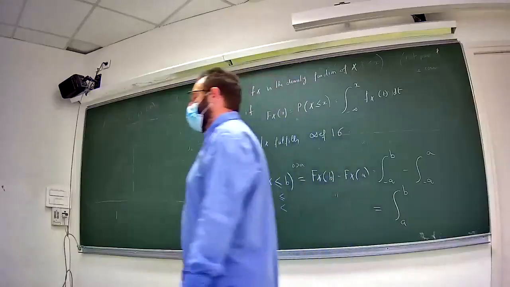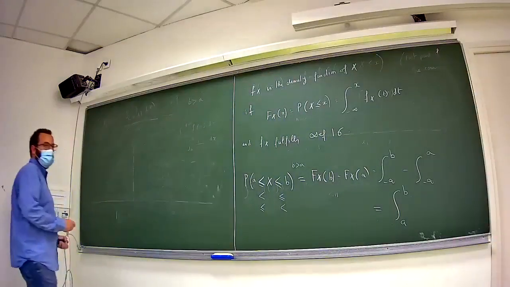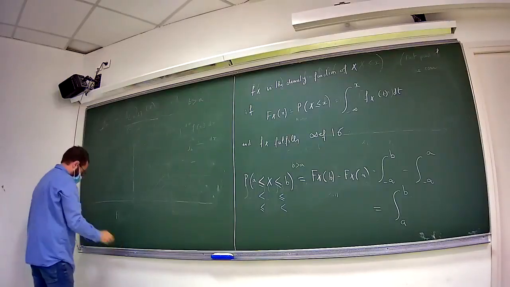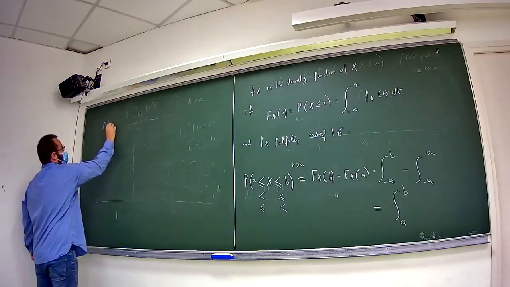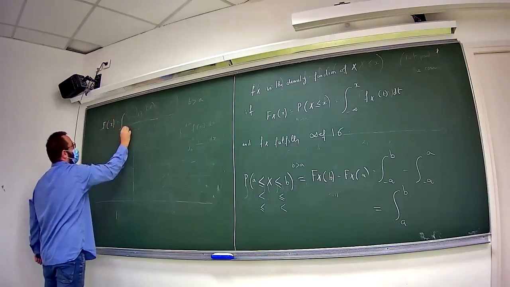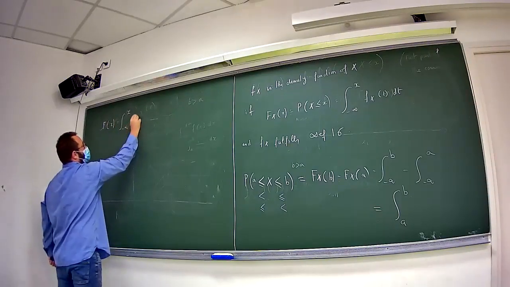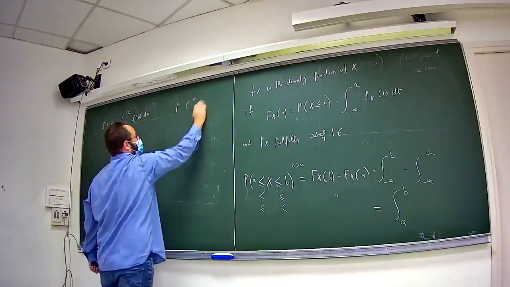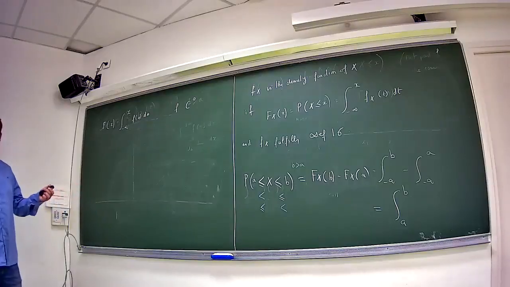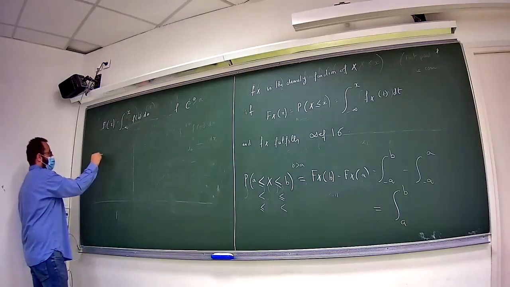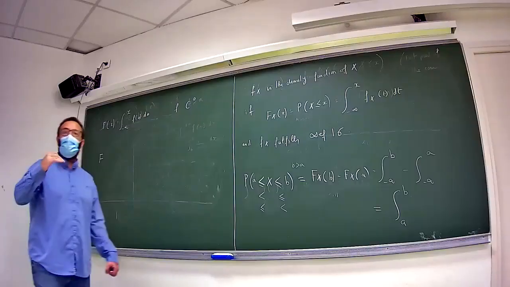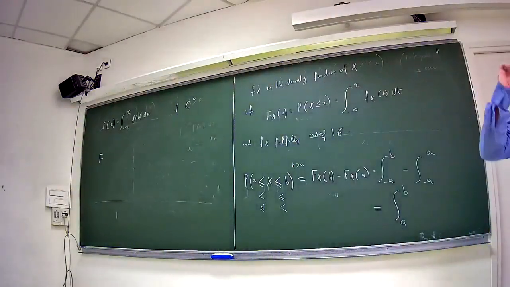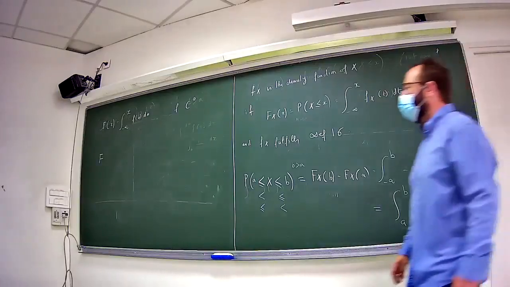So the result I use here is the fact that if you have something like the integral of f of u du, with f continuous, when you compute the partial integral, you obtain a mapping that has more regularity than small f. We can say that it has one more regularity.